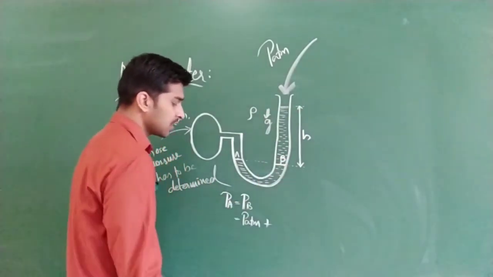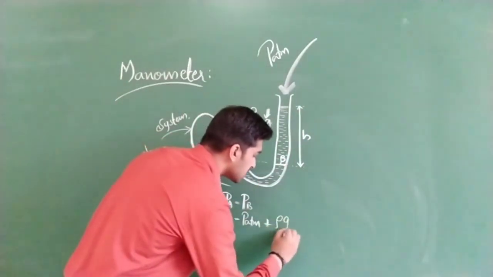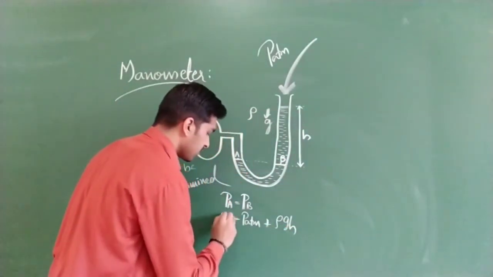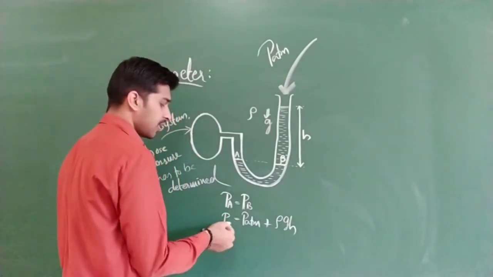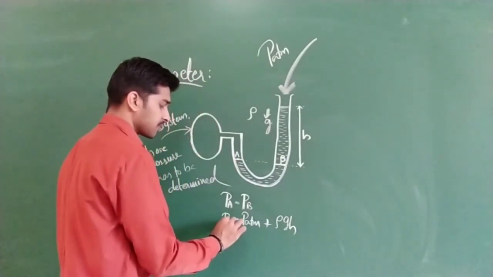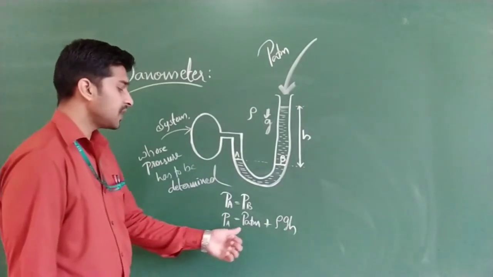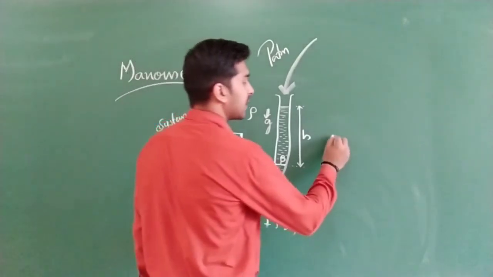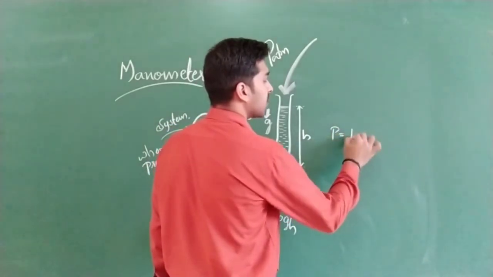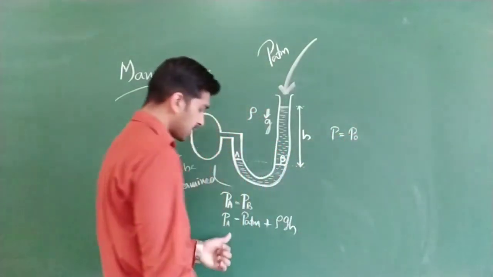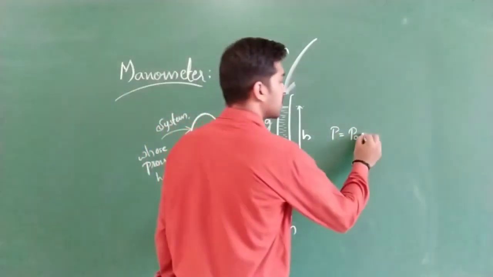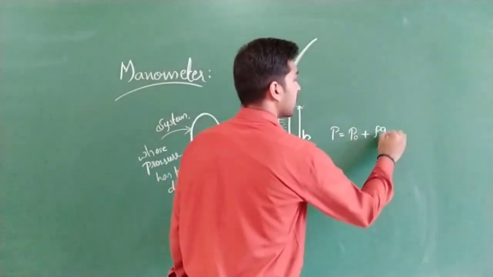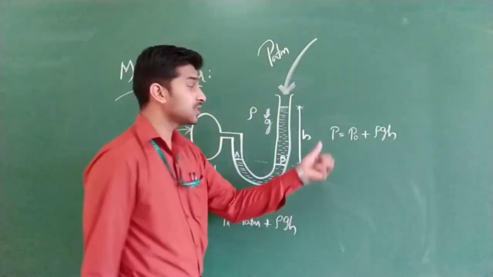It is nothing but rho gh. Correct? This is the pressure at point A, or we can call it P. So PA is equal to P atm plus rho gh. In place of PA, I can write directly P, and in place of P atm, if I write P naught, it becomes P is equal to P naught plus rho gh. I hope you remember this formula.